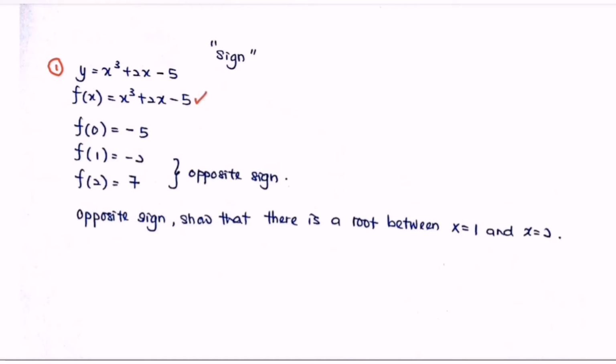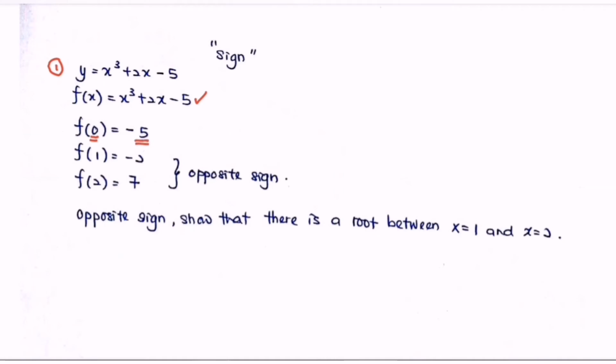So here we have the equation. Next is to substitute any value, trial and error, in order to find the sign change. For example, I substitute x equals 0. With the help of the calculator, I have negative 5 for the value of y.